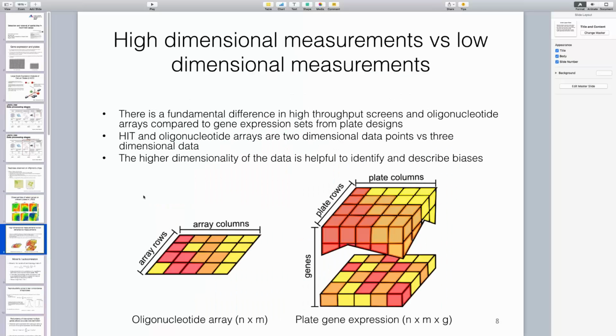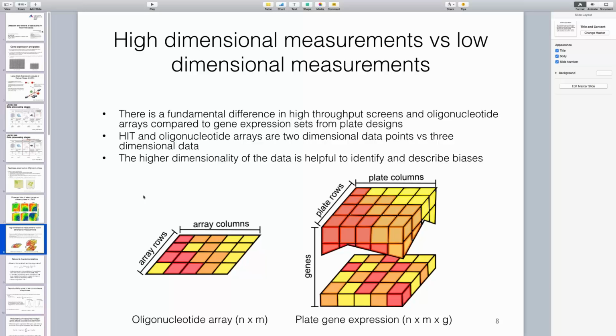So there's a big difference in the biases that were observed in the Affymetrix chip and the bias that we have from the plates or the multiwell assays. On these Affymetrix chips, for example, we have only two-dimensional data, but the two-dimensional data has a fairly high resolution.